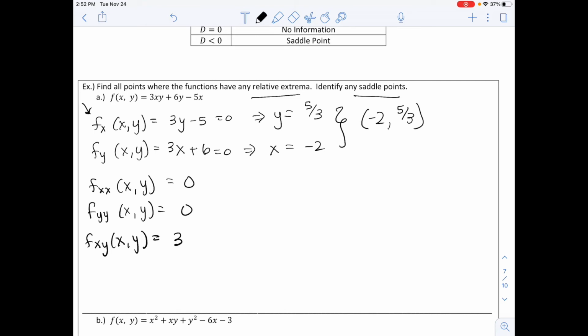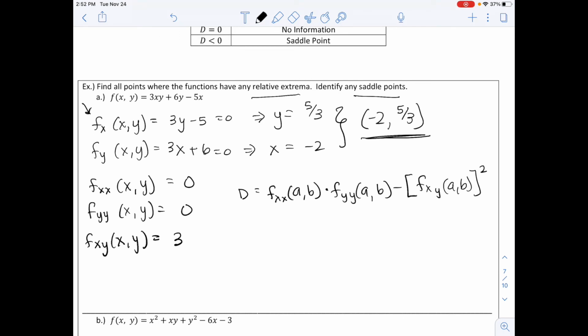So from this, I am able to figure out D, which again is my discriminant, copying down the formula that we had up above, and then squaring our partial with respect to x, then y. And you'll notice that we're evaluating these at (a, b), and that (a, b) up here is our critical value. So if you want to put down, this is our point (a, b).